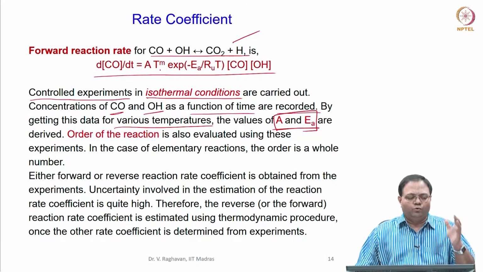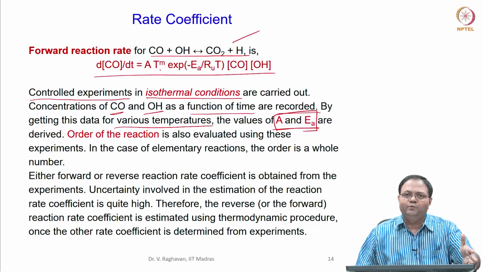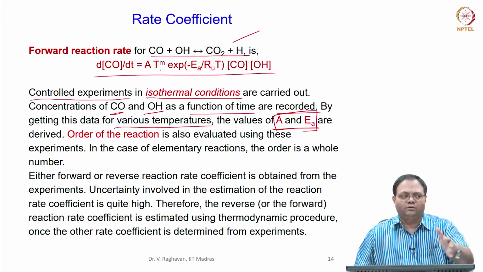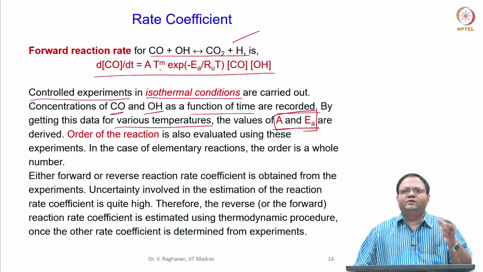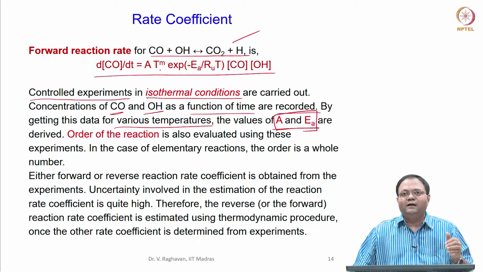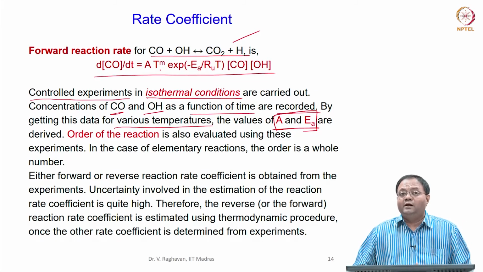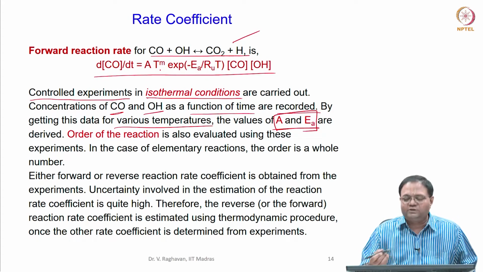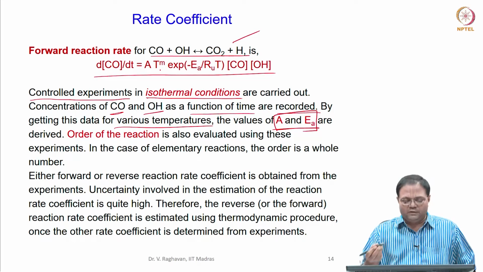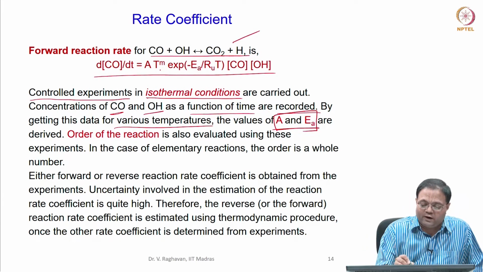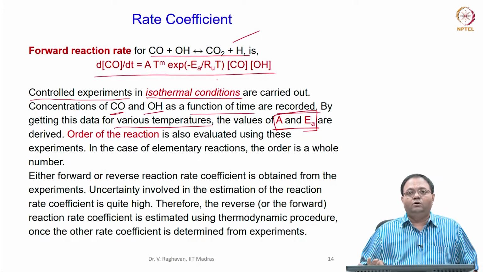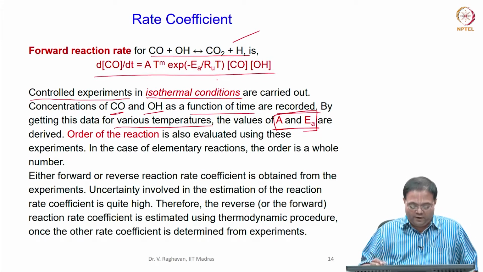Once you do the experiment one time, and a second time or third time, and take the mean and standard deviation, if the total variation or standard deviation is within 5% or so, then that is a good experiment. But it is not possible. Its intention is to get good data, but it is not possible because of several conditions. So, the uncertainty involved in getting the rate coefficients is not so low; it is actually very high.